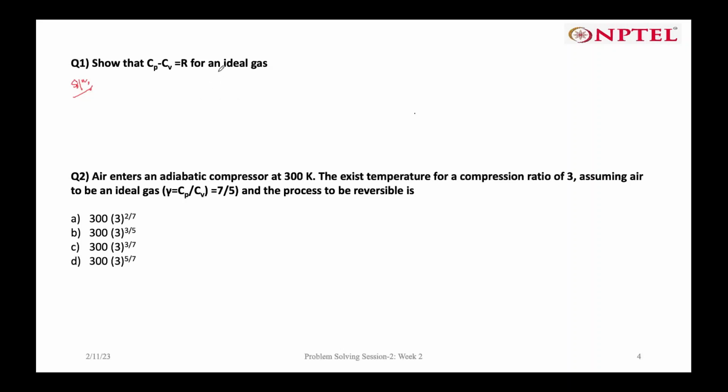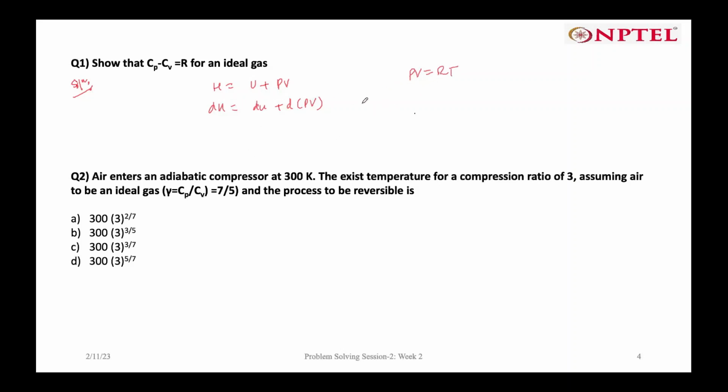So we know the enthalpy H is equal to U plus PV, right? Now differentiate it. dH is equal to dU plus d(PV), right? We know the ideal gas law, PV is equal to RT.